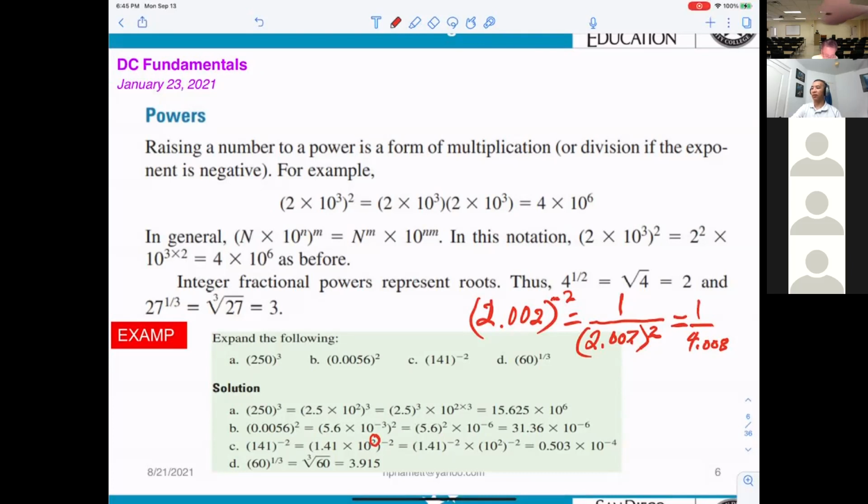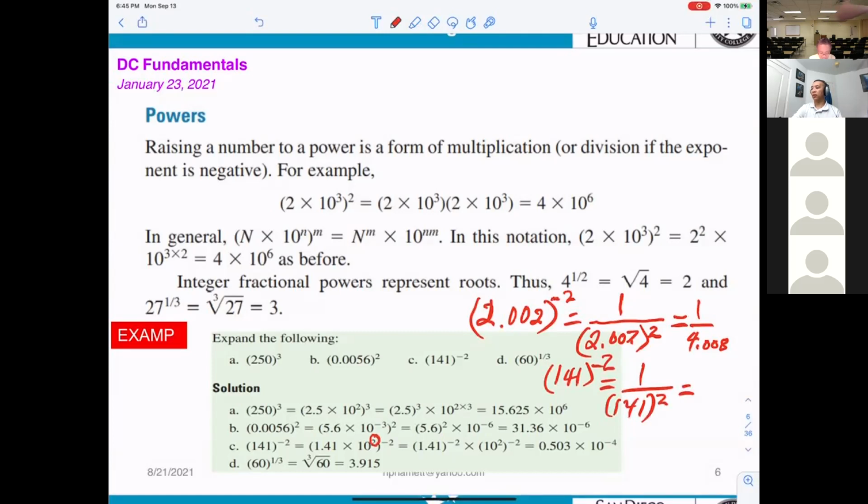Okay, now I do my way. 141 to the power minus 2, correct? Yes, same thing. 141 to the power of square, 2, right? Yes.